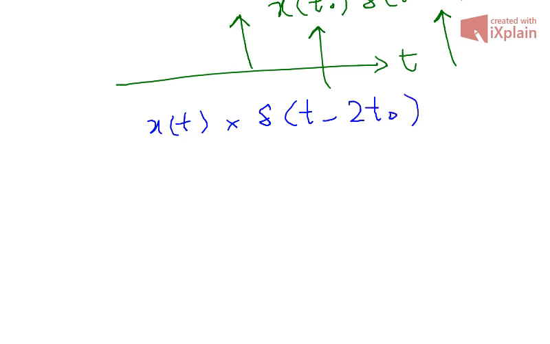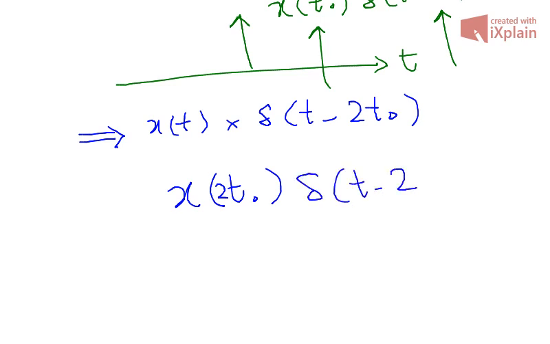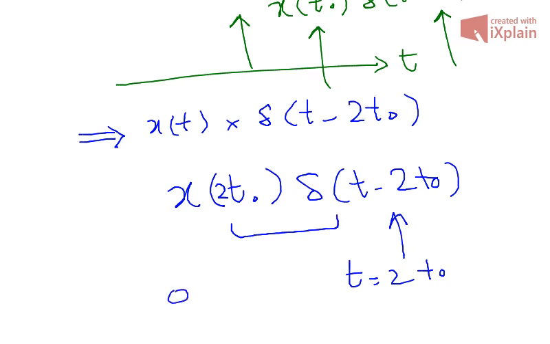So what would happen? This product will have value only at t equal to 2t naught, because this function is only available at t equal to 2t naught. In the rest of the time this function is 0. So the product of two functions would be 0 if one of them is 0, right? So this is only present at this particular instant.